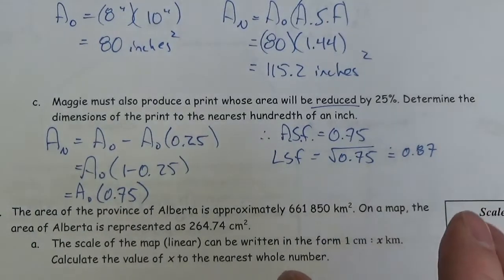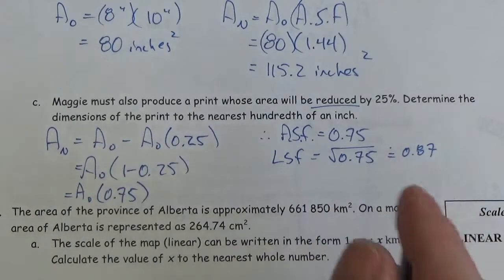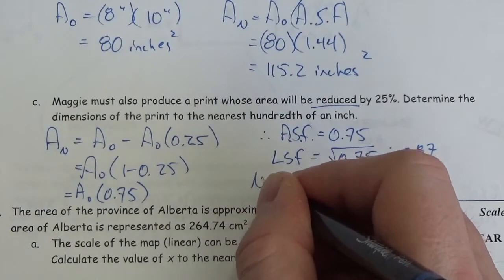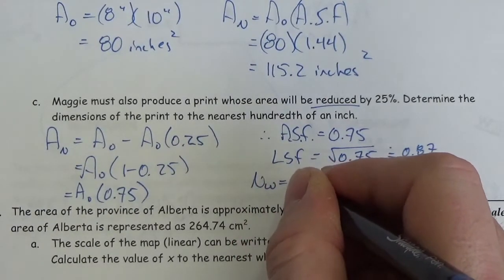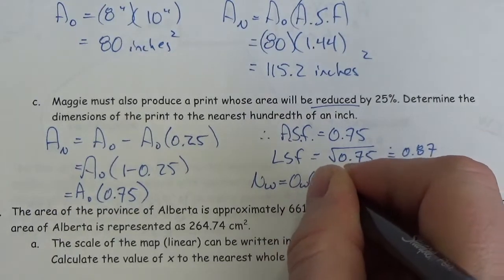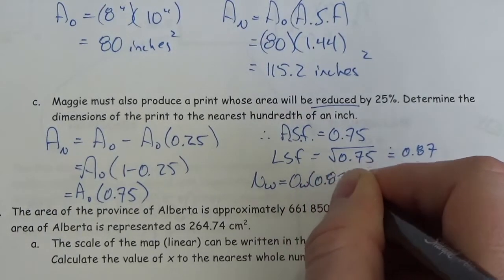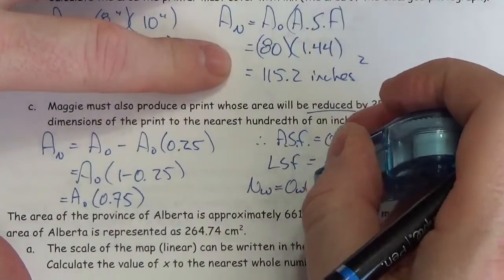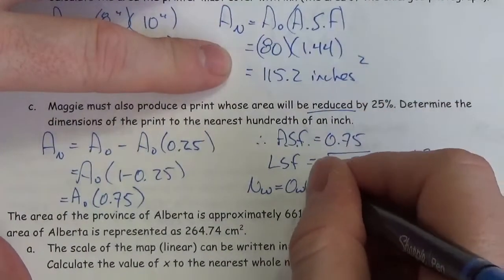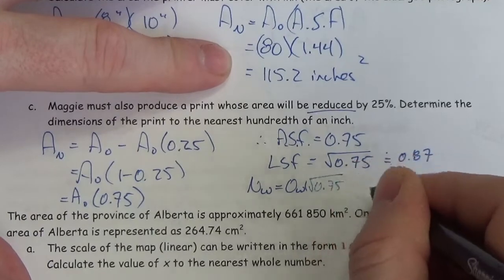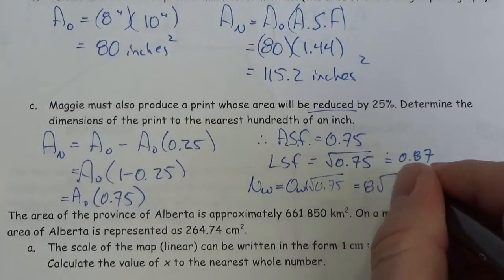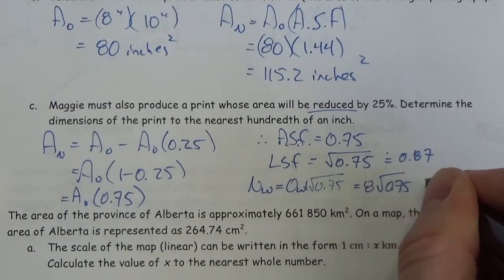Now, in order to figure out what the dimensions are, I'm going to take the new width as the old width multiplied by 0.87. You know what? No, let's not multiply by 0.87. Let's do it exactly, using the square root of 0.75. So our old width was 8, times the square root of 0.75.